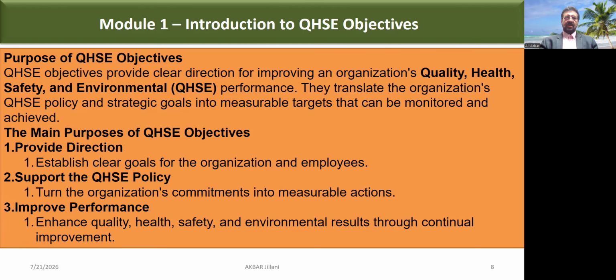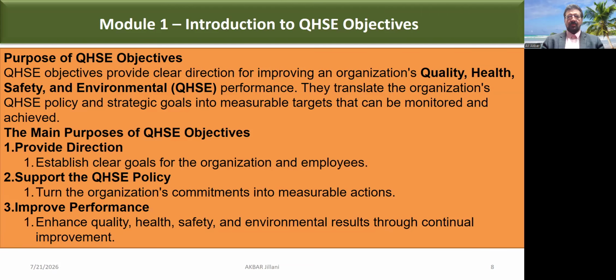The main purpose of QHSE objectives: provide direction. It provides direction to the organization and supports the QHSE policy, because when we are developing the QHSE documentation, procedures, and manuals, first of all we develop the policy.